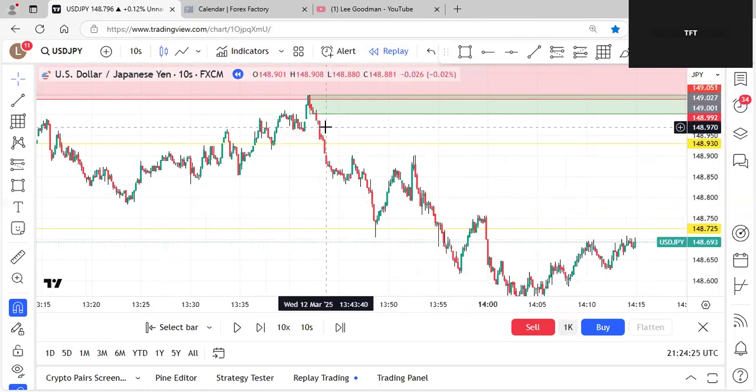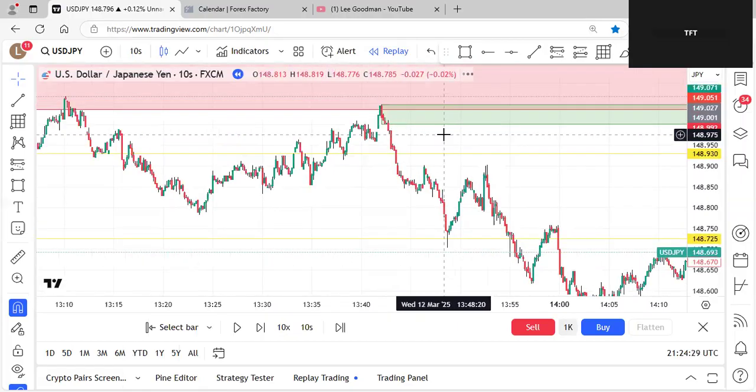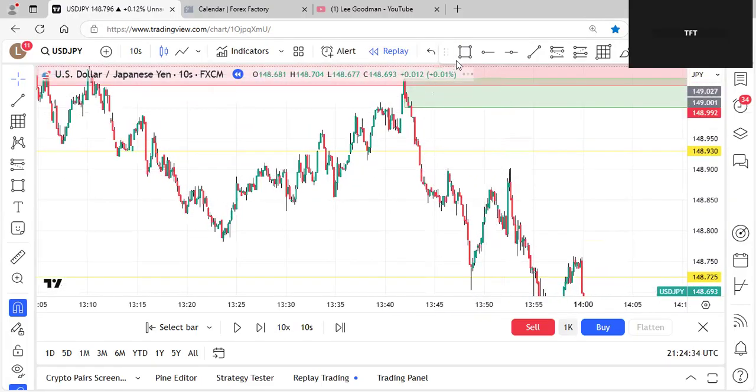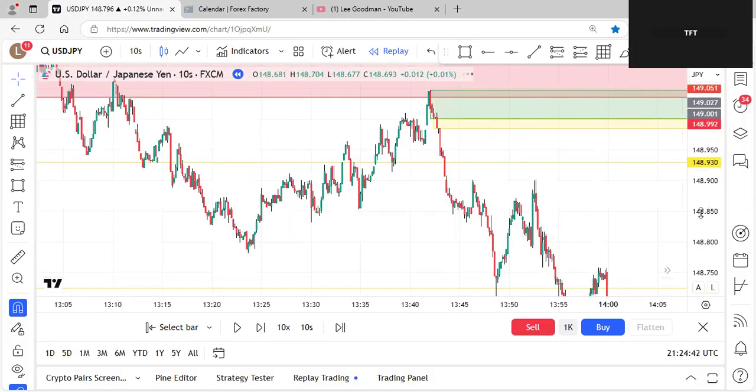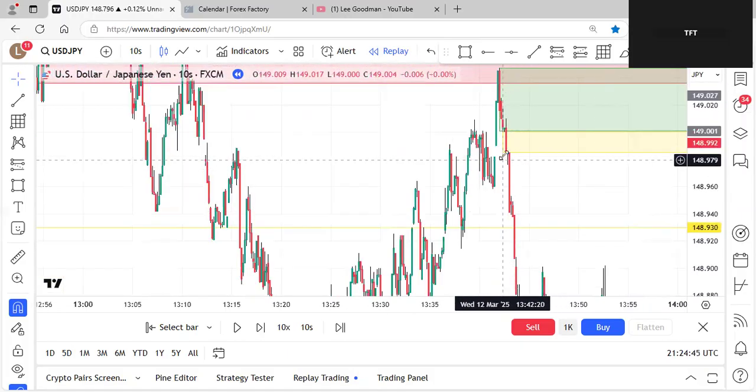And because 10 seconds is not a long time at all, it's hard to fake imbalance on the lower time frame. Obviously you've got this little pocket there, possibly the whole thing. I mean, 10 seconds is not long, but you've got a little green candle in there, a little wick.